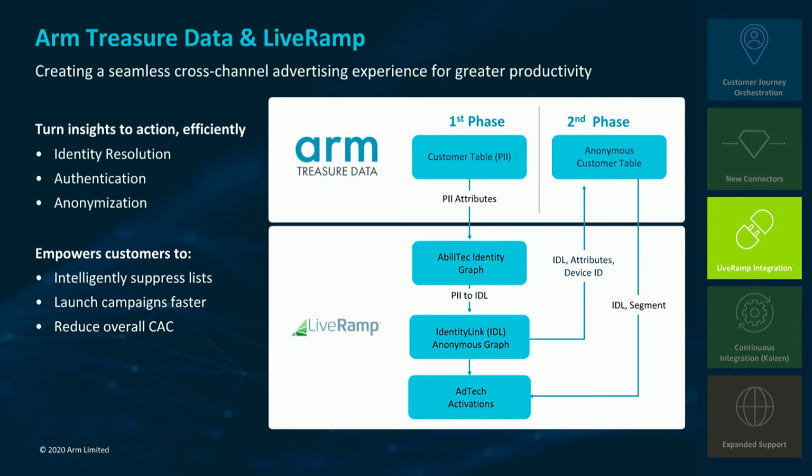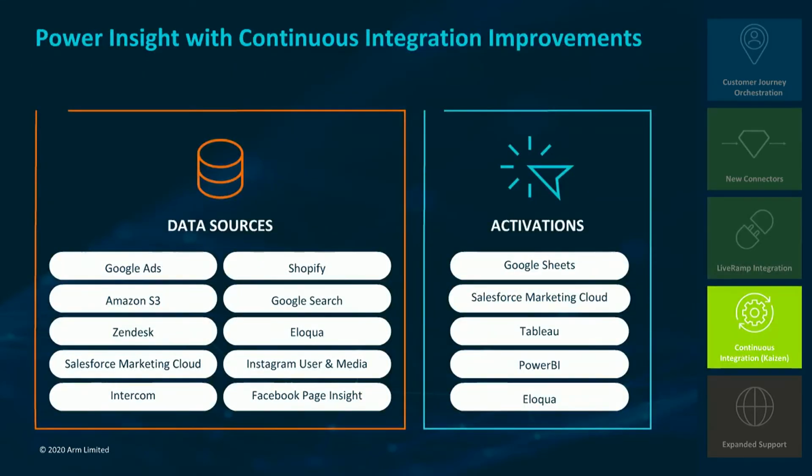So what's happening now is we're getting a lot more efficient with intelligently suppressing lists in the ad channel and launching the campaigns a lot faster. That's going to help reduce the cost of acquisition overall. And we don't just build an integration and say, here you go, Mr. Customer, be on your way.